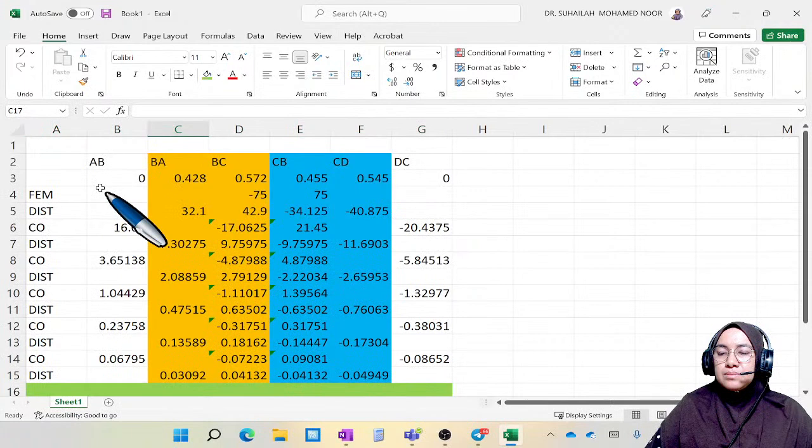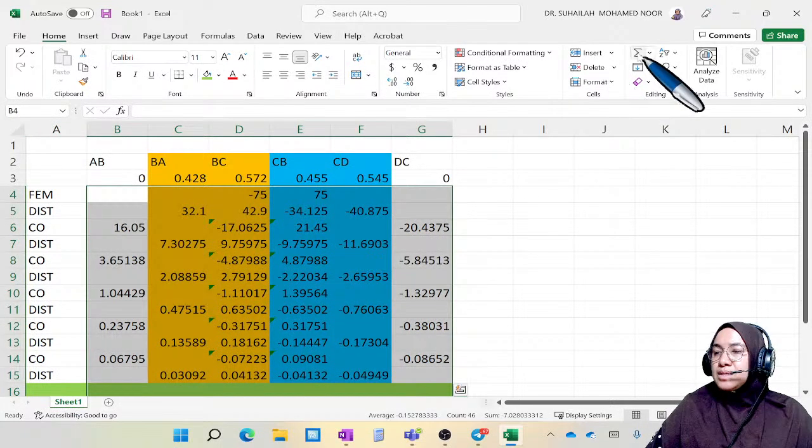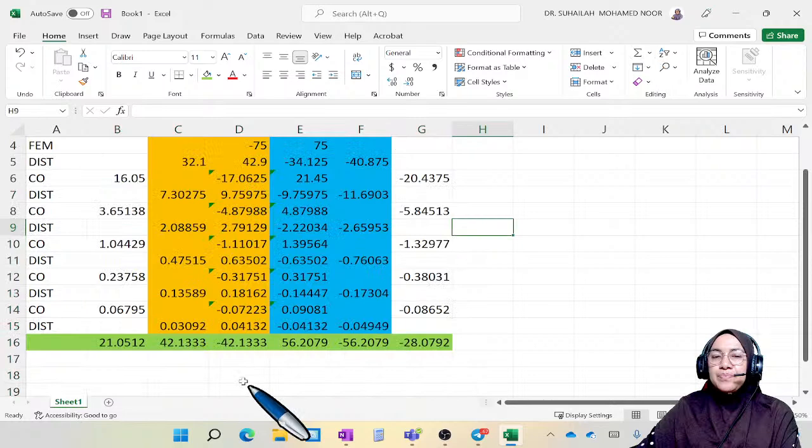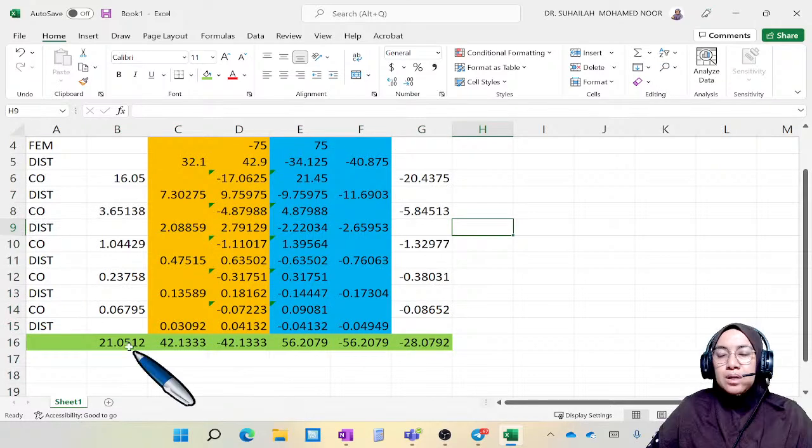This is actually the right value. It is 21.05, 42.1, 56.2, and negative 28.07.